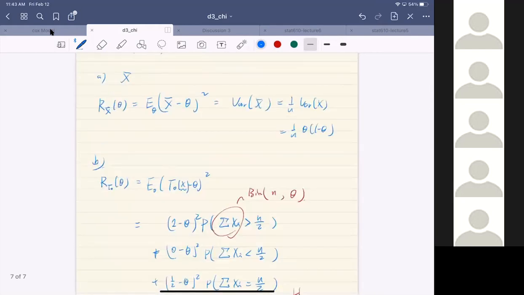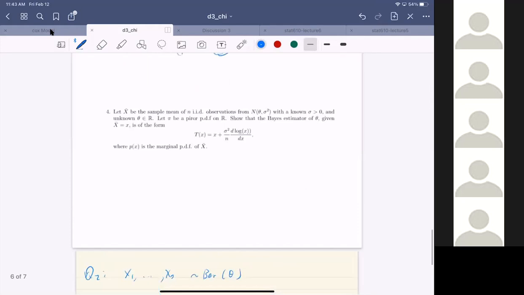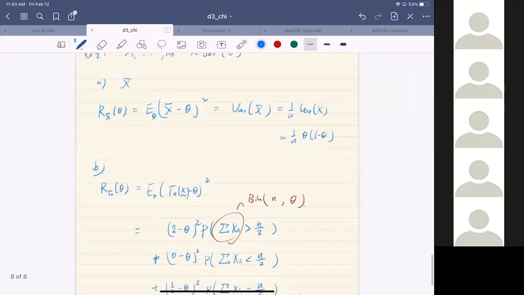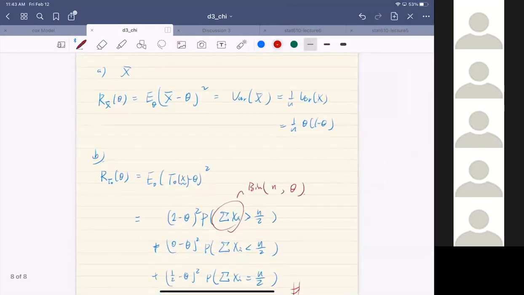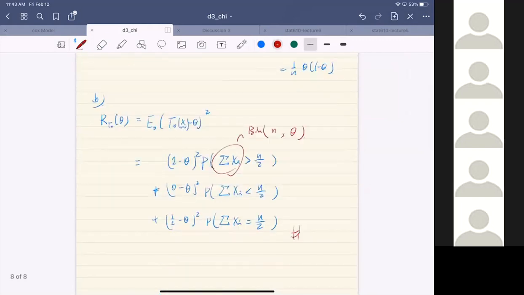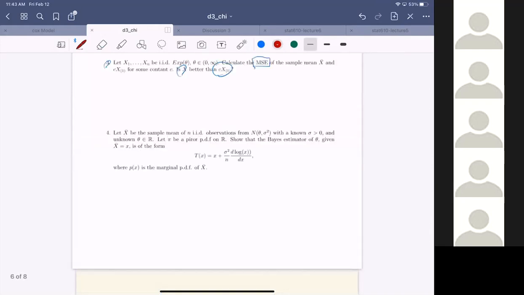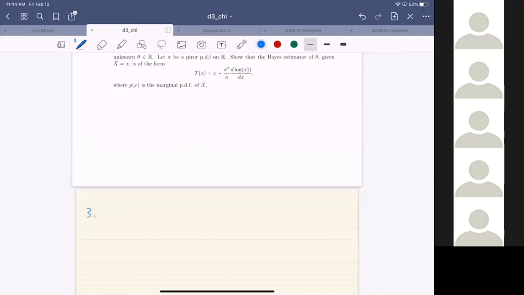Okay, this is question 2. Any questions so far? They just follow the definition. Okay, and question 3.